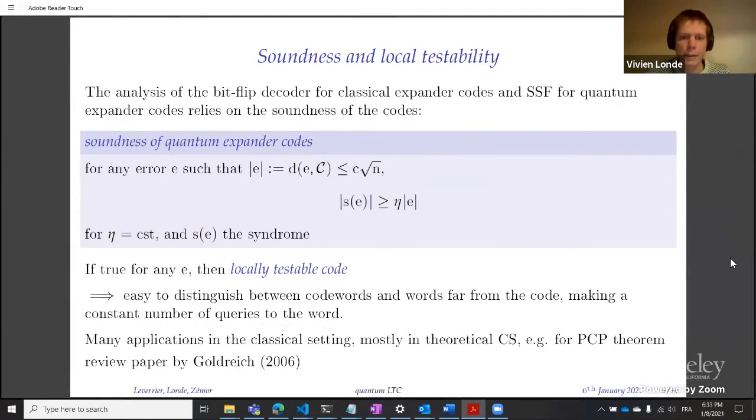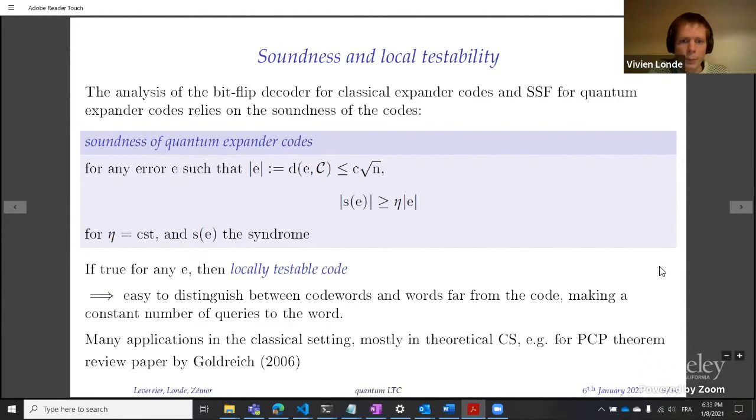They satisfy the following inequality, that the syndrome of an error is proportional to the size of the error itself. So quantum expander codes satisfy this property, but only for errors that are small enough. And this is sufficient to show that the small set flip decoder works for such codes. And in the case of hyperbolic codes, the fact that the local decoder works also comes from inequalities that are very similar to soundness inequalities, namely isoperimetric inequalities satisfied for low weight errors.